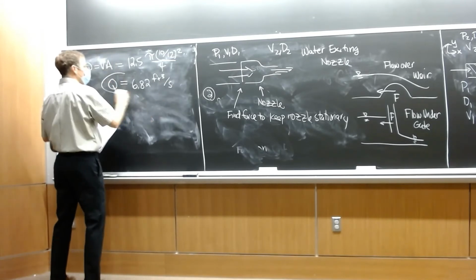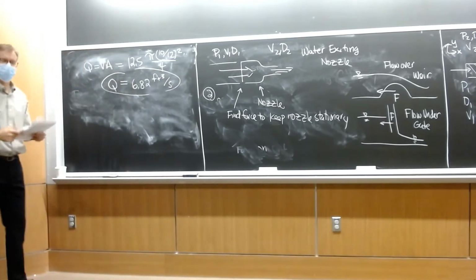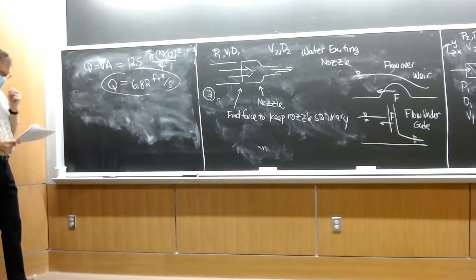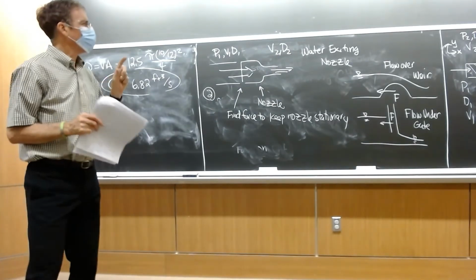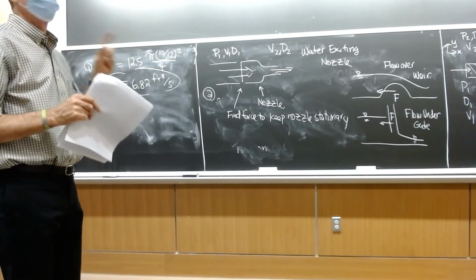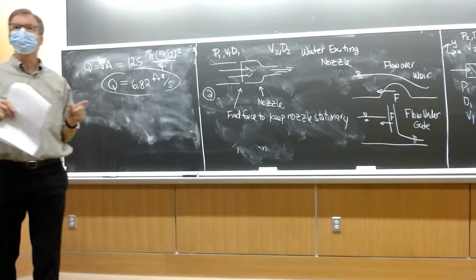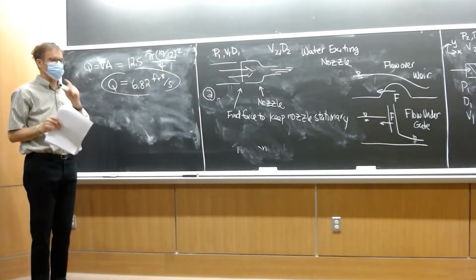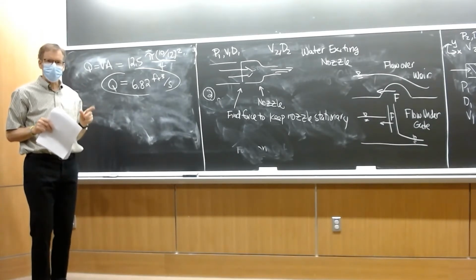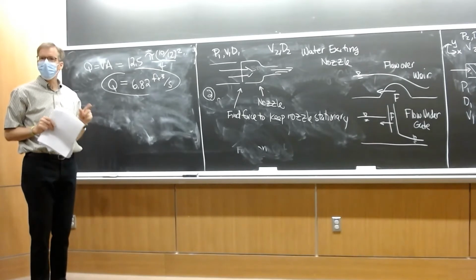We need that Q. And now we need to specify the velocities, and we need their components. I will say that what I think is a good idea in these problems is to explicitly identify the external forces that are acting on the control volume.